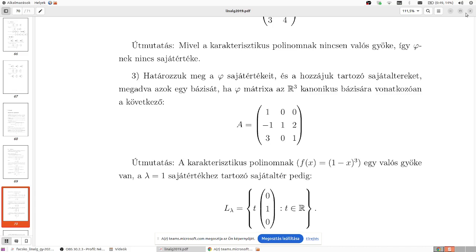Okay, so I have to fix the characteristic polynomial.